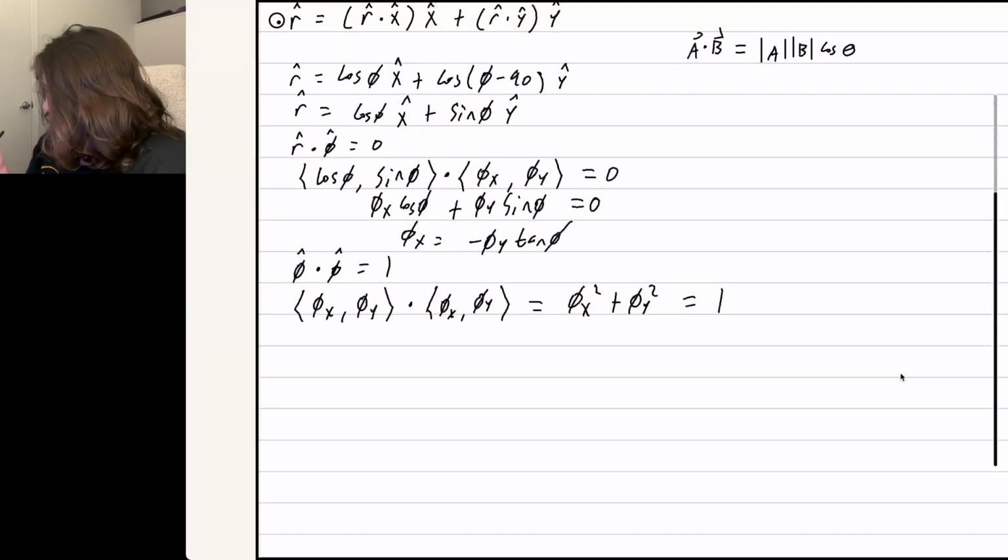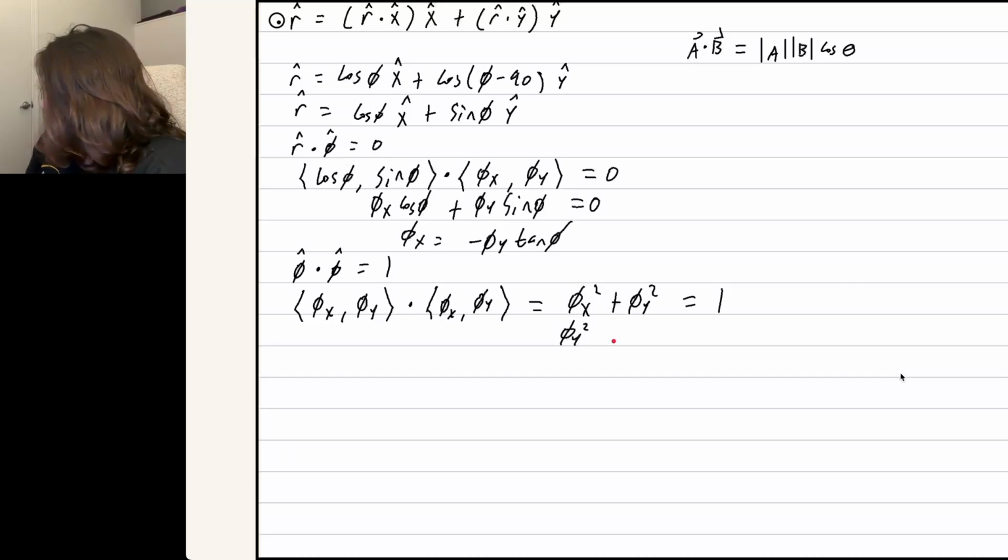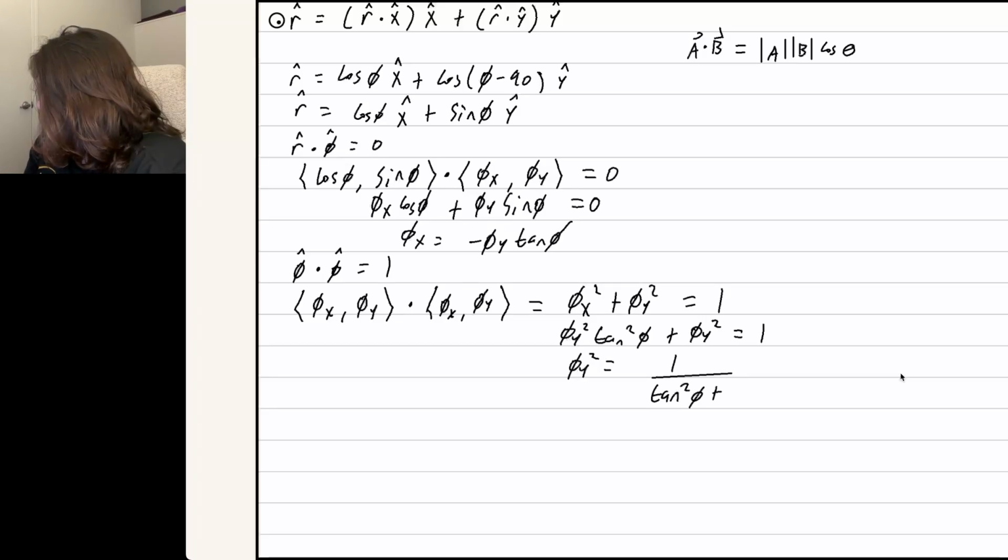We can substitute our expression for phi x into this equation, and we get phi y squared tangent squared phi plus phi y squared is equal to 1. And then solve for phi y squared, which is going to be 1 over tangent squared phi plus 1.